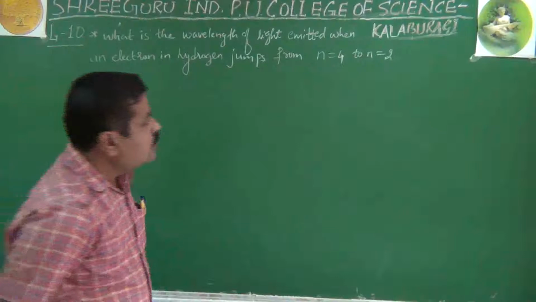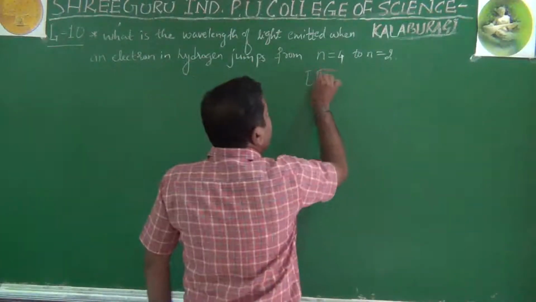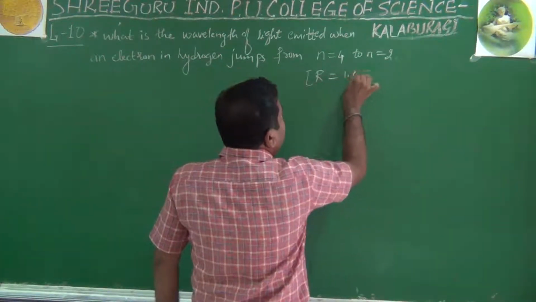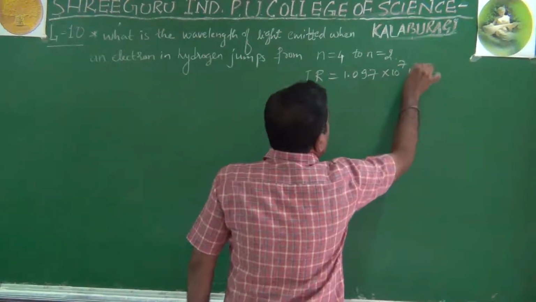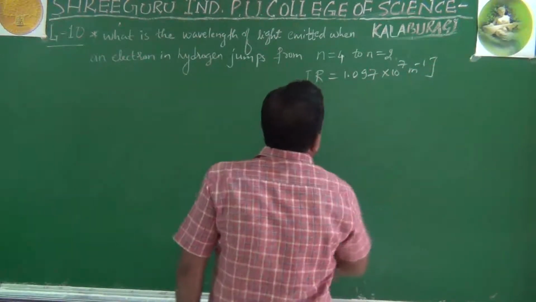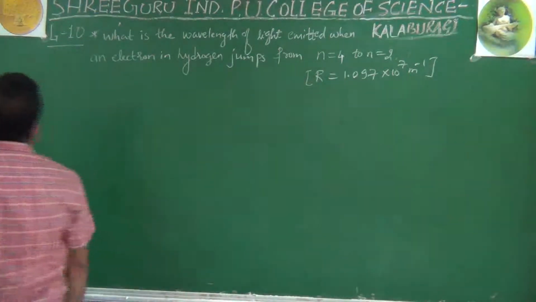Okay. Given once again, the R value is 1.097 into 10 to the power 7 per meter. Okay, per meter. Right.